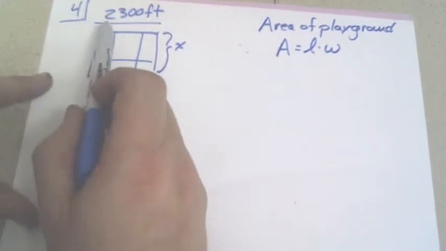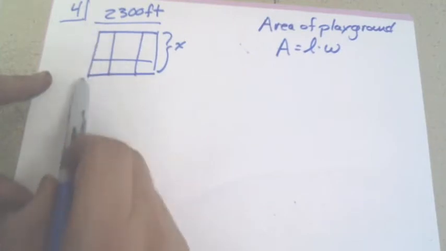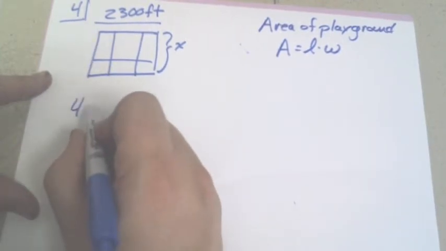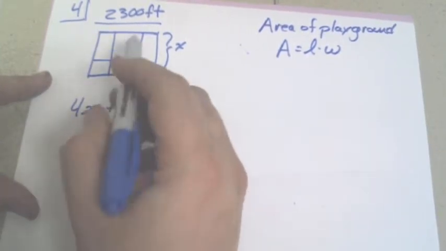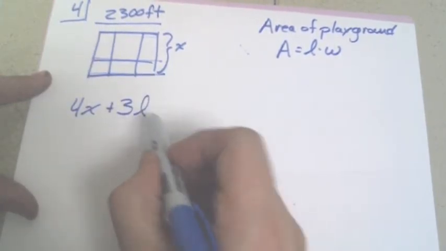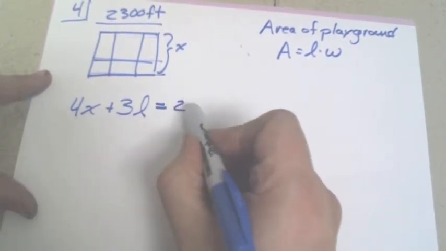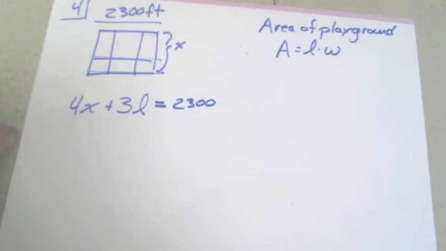But either way you want to look at it, this 2,300 feet has to come from 1, 2, 3, 4 of those x values plus 1, 2, 3 of the lengths, and all of that has to add up to 2,300.